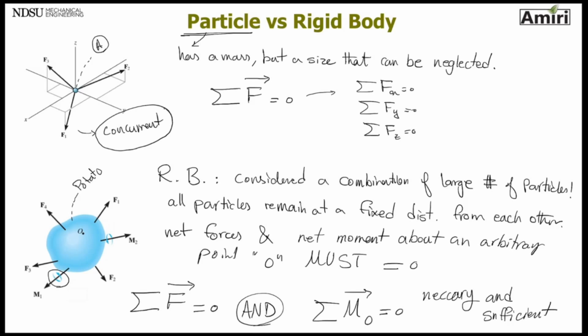And if you use the right hand rule, the head of the arrow shows the direction of the moment. So for this potato to be in equilibrium, it needs to have summation of all forces equal to 0, and summation of moment about any arbitrary point equal to 0.